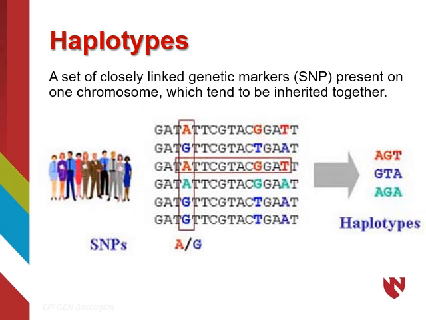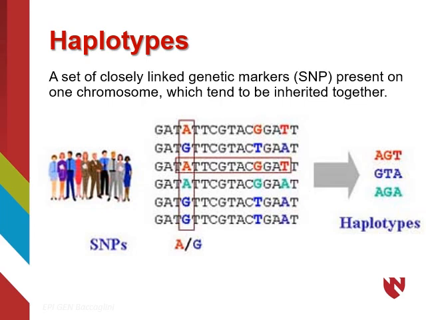Let's see haplotypes now. Haplotypes are a set of closely linked genetic markers present on one chromosome, which tend to be inherited together. So here's an example. We have the sense strand of 6 individuals at a particular chromosome. So these are the same loci for each individual, and you can see that for the most part these individuals have a similar genetic code.